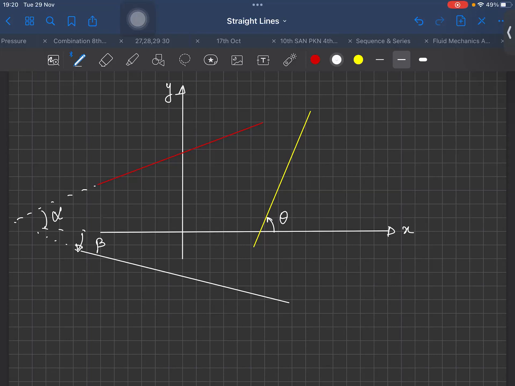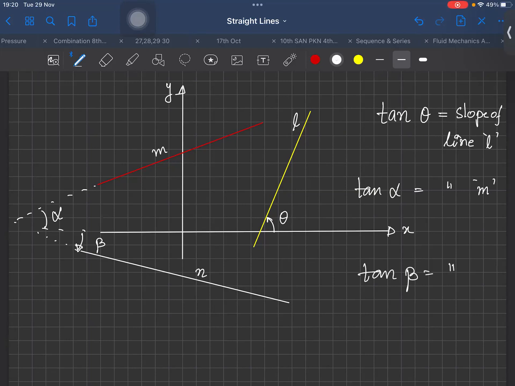Tan of angle theta will give the slope of this line, let's say L. If this is line M, then tan alpha is the slope of line M. Similarly, if it is N, then tan beta will give you the slope of line N. Understood? It's not that tough, is it?